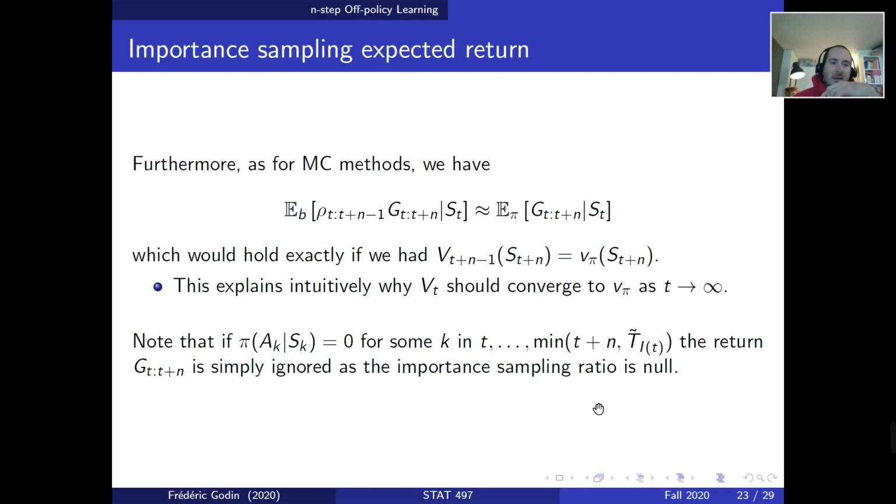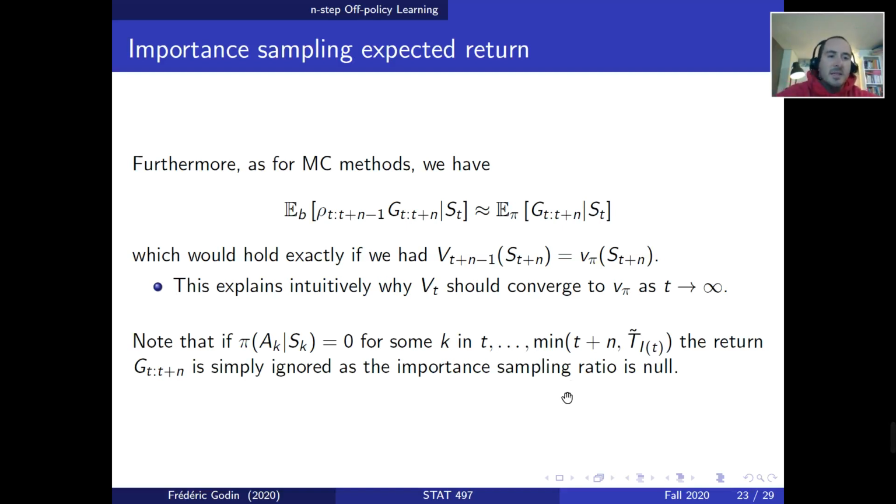Depending on how much exploration is done by the behavior policy, too much exploration might slow the process because of this feature. We had the same problem in Monte Carlo in chapter 5, but now the problem is less severe for n-step methods.